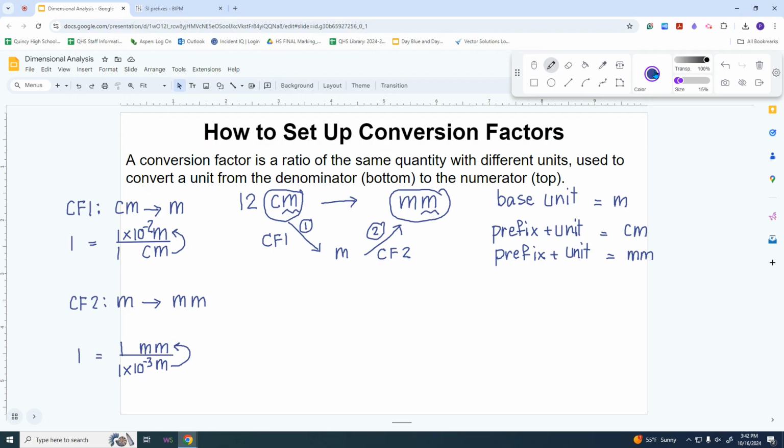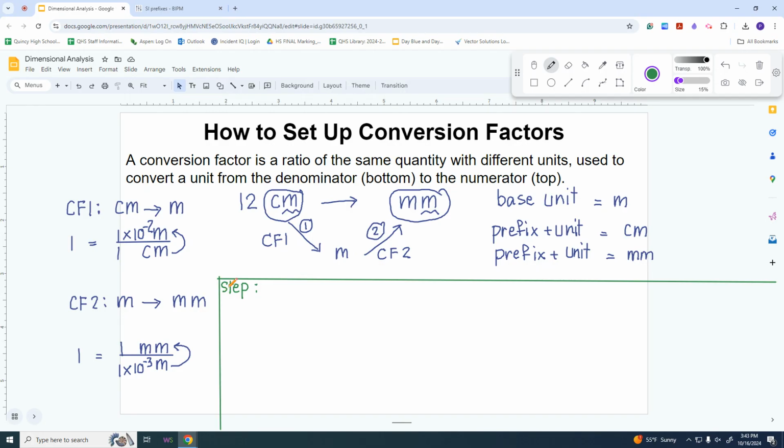Now your procedure, your steps, okay, to do the work. Let me make a divider so you won't get too confused. Step one, you are going to put the quantity that the problem gives you, the quantity that you want to convert.